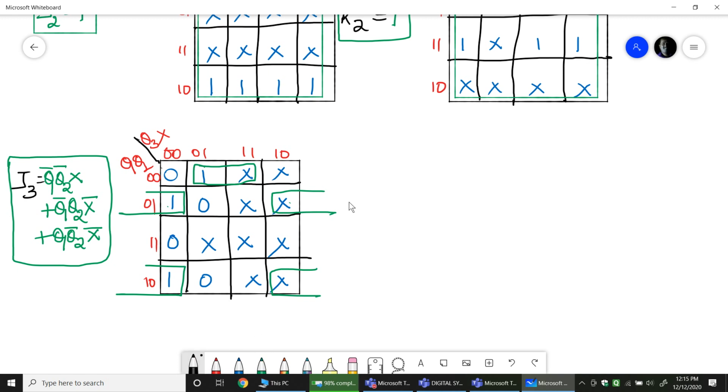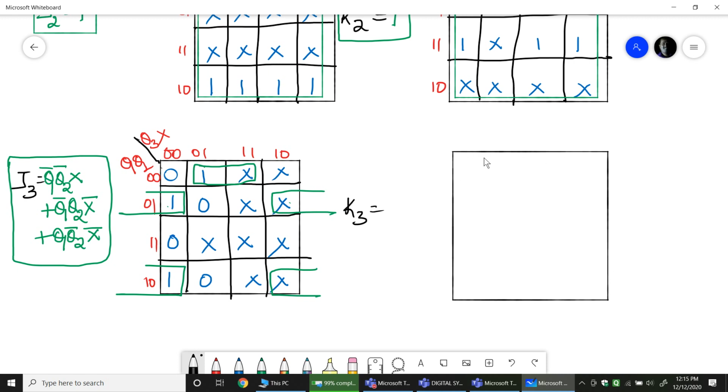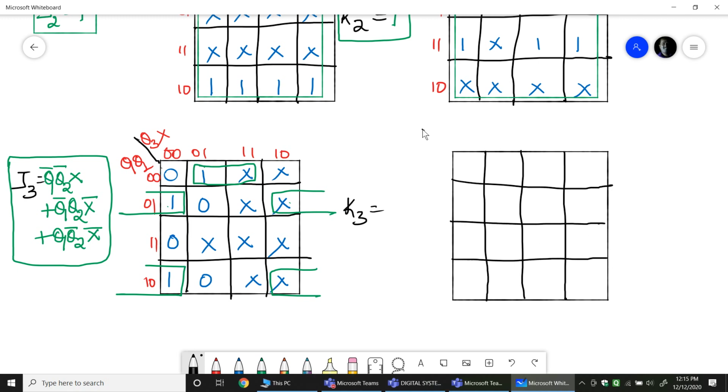Now finally for K3, Q1, Q2, Q3 into X. For this it is 0, 0, 0, 1, 1, 1, 1, 0, 0, 0, 0, 1, 1, 1, 1, 0.